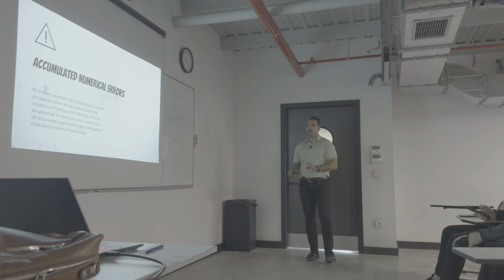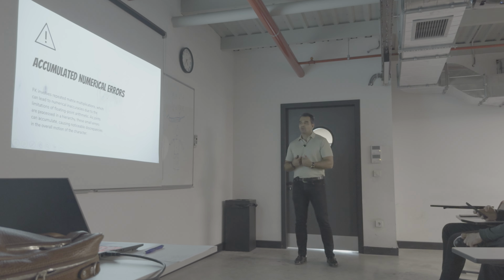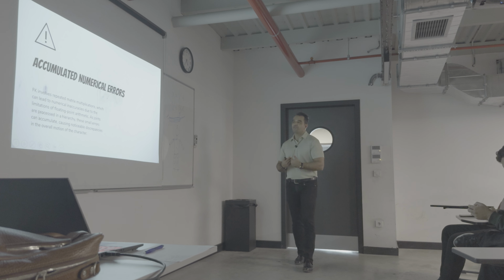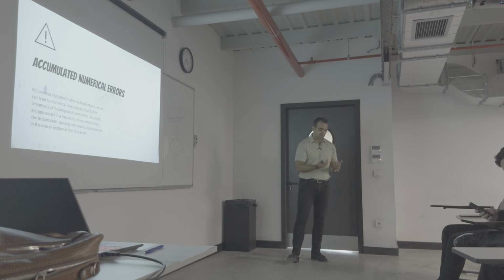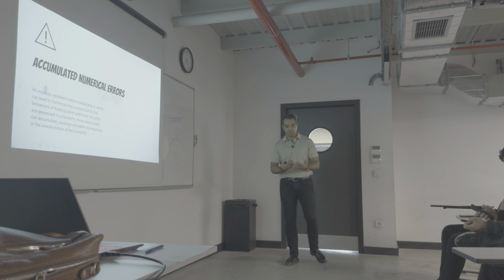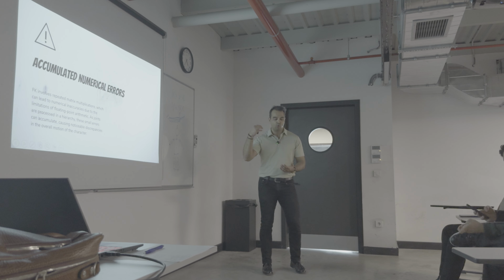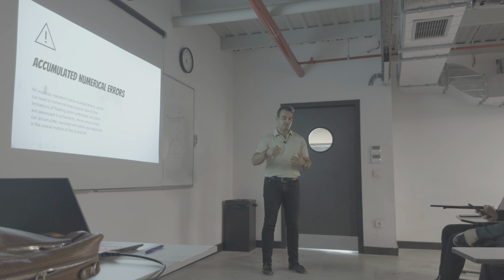When we come to the accumulated numerical errors, forward kinematics involves repeated matrix multiplications, which can lead to numerical inaccuracies. What does it mean? For example, we have matrices of motion of hand, arm, and shoulder.